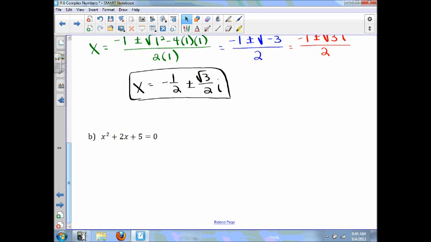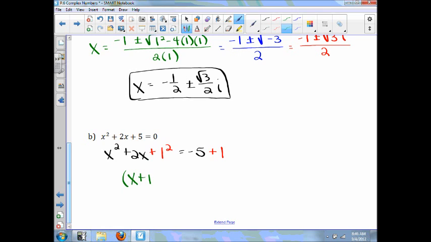Now for part B, instead of using the quadratic formula, I'm going to complete the square. So x squared plus 2x, I'm going to bring the 5 to the other side, make it negative. Half of 2 is 1. So when you factor this, well, x plus 1 squared equals a negative 4.